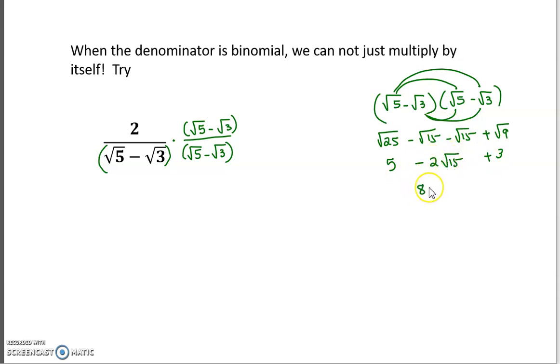Now, if we combine everything that we can, we weren't able to get rid of the radical number in the denominator. So my denominator still has a radical number in there. So this idea of multiplying the binomial by exactly what it is doesn't work. We can't use that. So what do we do?